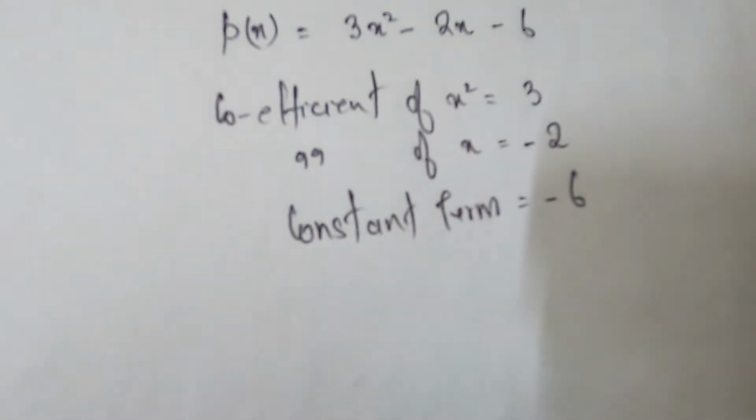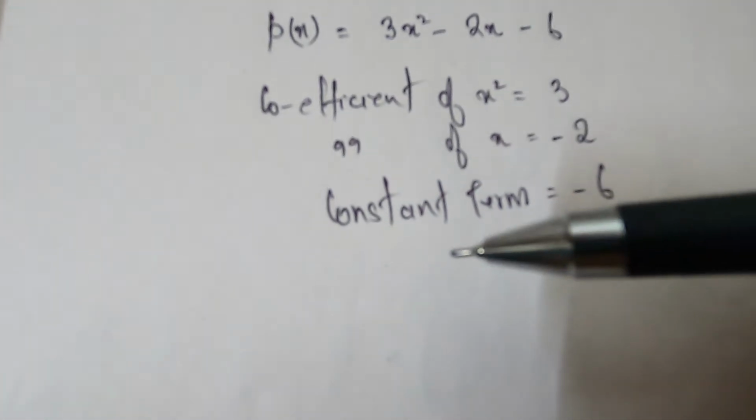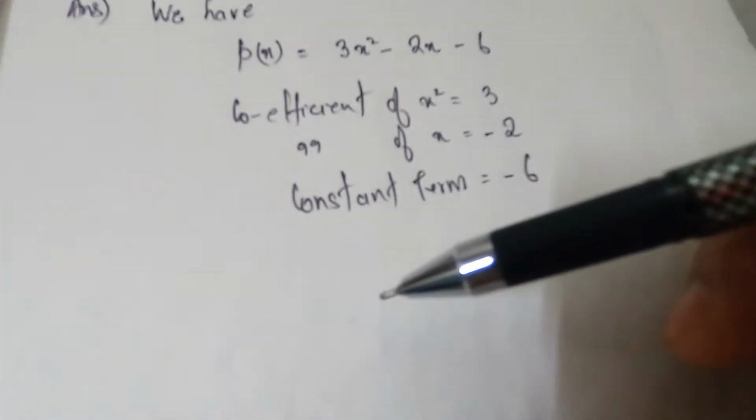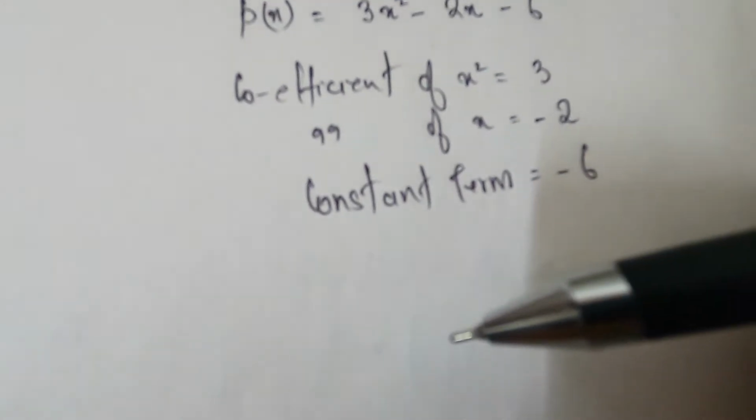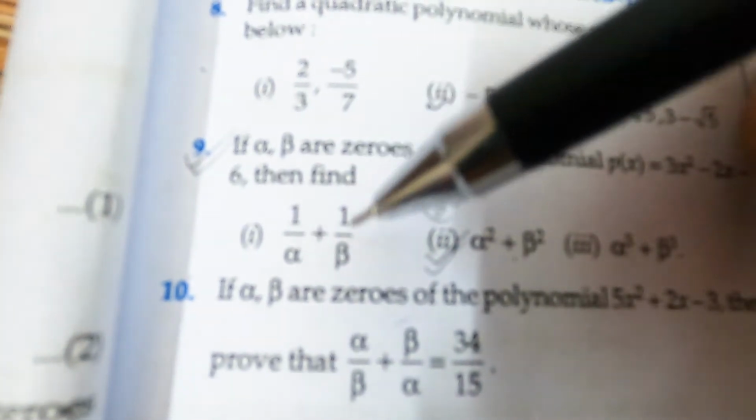So first we will find the sum of zeros and product of zeros, and then we will use this for 1 by alpha plus 1 by beta. We will find the value of alpha and beta.